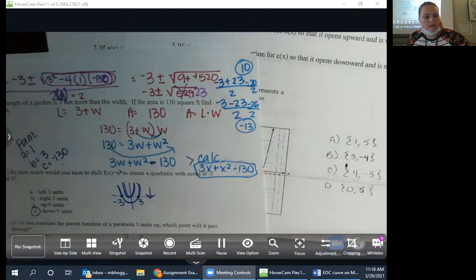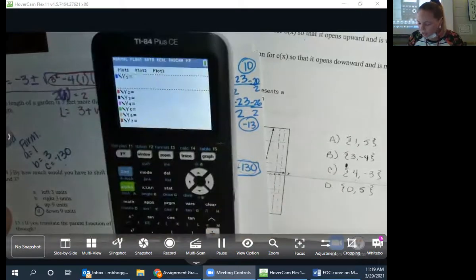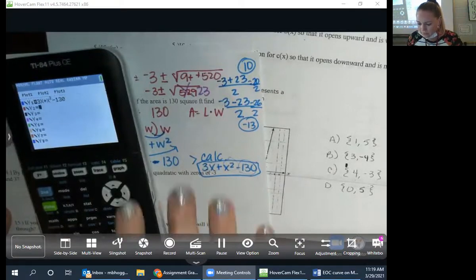So somebody could say, well, did we have to do the quadratic formula every time? Or can I just plug it into my calculator in y equals, let's see, 3x. Let's try it. Let's plug in this original equation. 3x plus x squared minus 130.